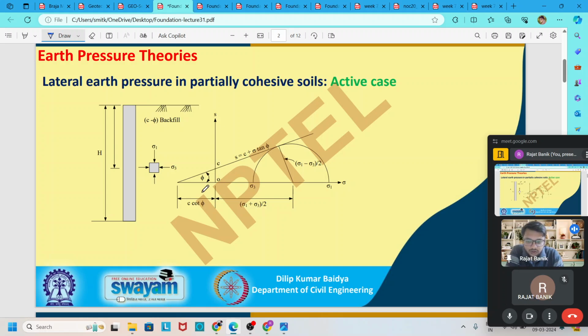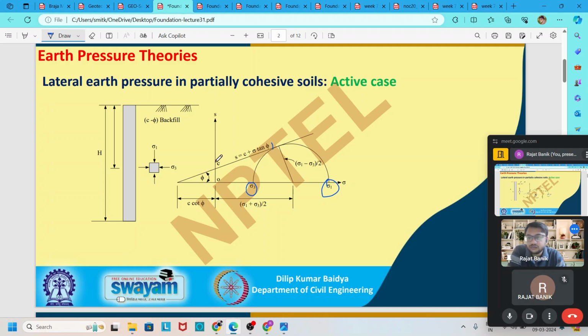So this Mohr circle diagram looks like that, where sigma 3 is the minor principal stress, sigma 1 is the major principal stress, and the failure surface gives the failure strength c plus sigma tan phi, and phi is the angle of internal friction of the soil. It means the particle to particle friction angle.